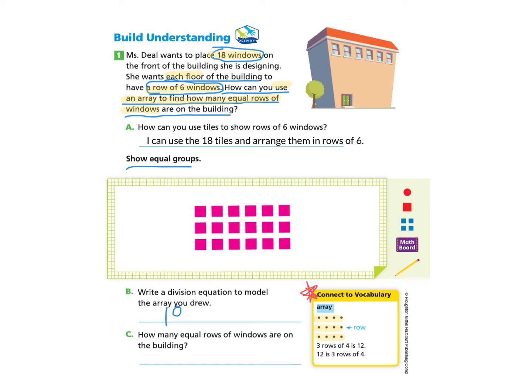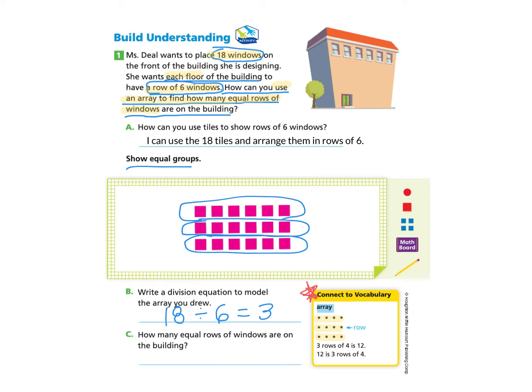First, we had 18 tiles, or the windows, and then we divided the windows by 6 for the row of 6 windows for each floor. And we received the quotient of 3 because we found that there were 3 rows of 6.